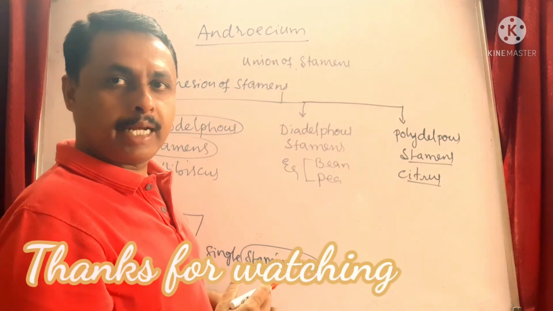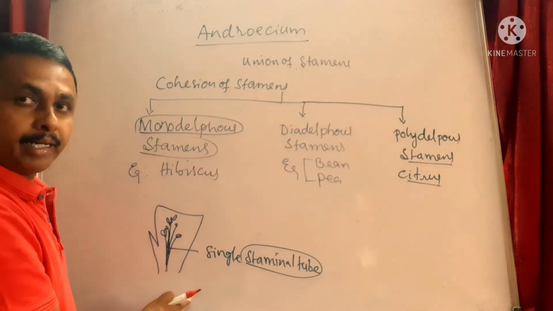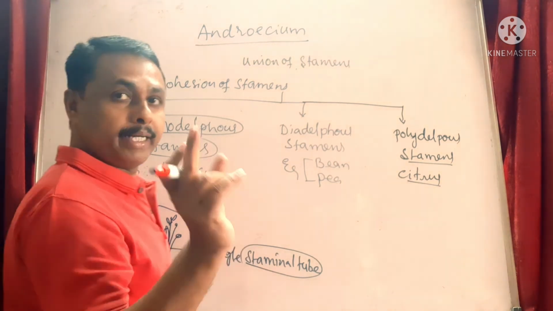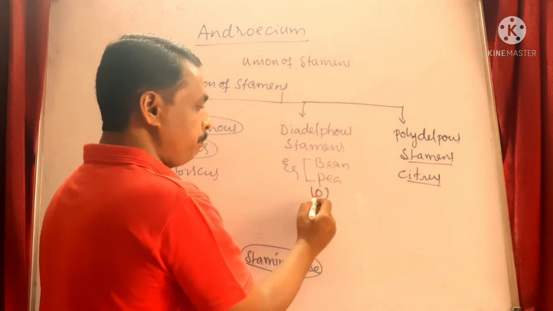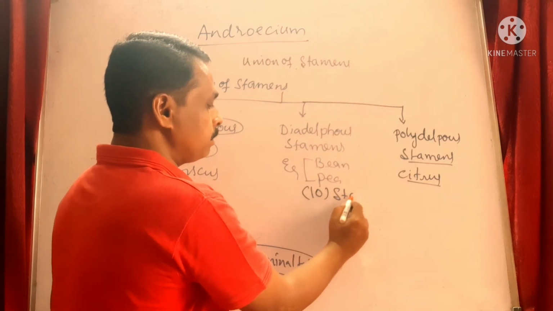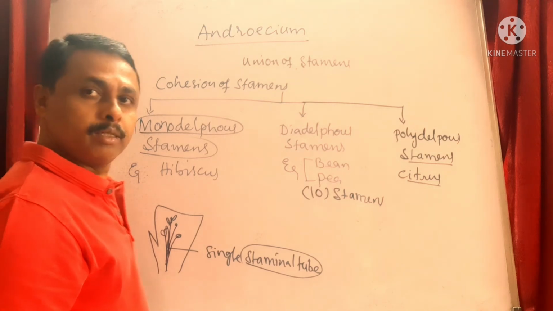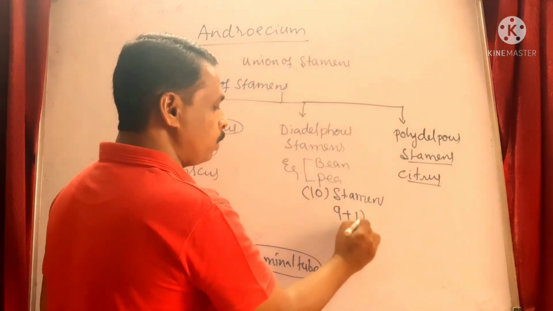Diadelphous means here it is a single bundle, right? A single bundle of stamens is seen in Malvaceae, but here two bundles will be seen. Usually in bean or pea members, 10 stamens are present. All these stamens will be formed into two bundles, 9 plus 1.